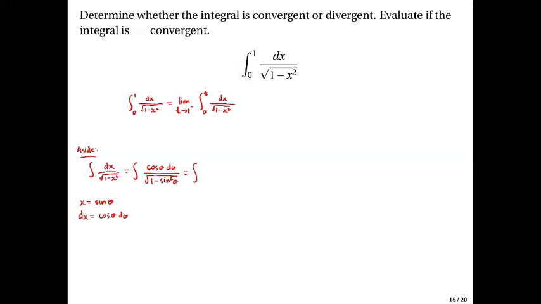Or this is just the integral of cosine theta d theta over square root of cosine squared theta. You should end up with the integral of d theta. So this is just theta plus c. But theta is equal to sine inverse of x. So in here, we have sine inverse of x plus c.